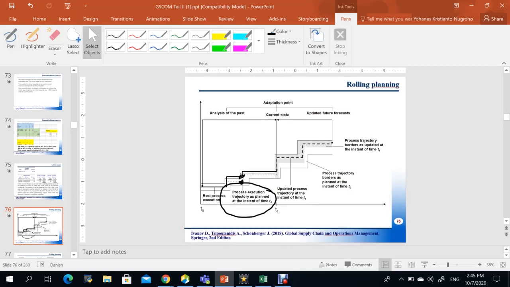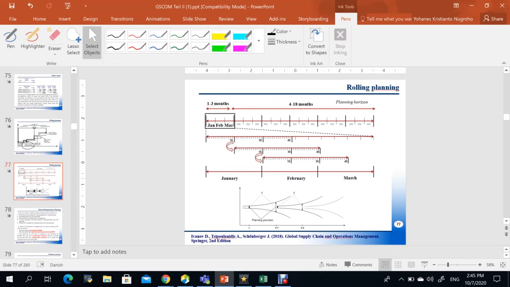So now we go to rolling planning on the next page, saying that in adaptive planning, the precision of planning decisions decreases while moving away from the decision point.